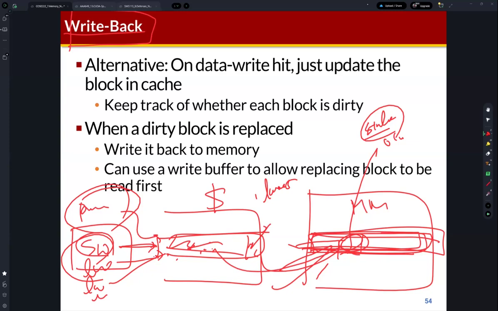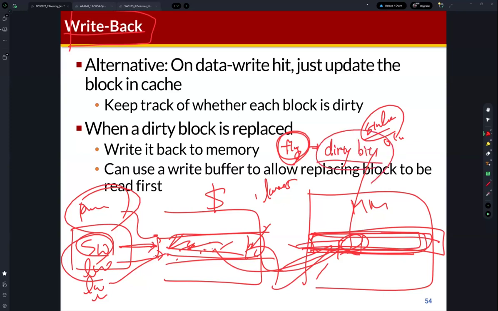If not, this block is just removed from the cache, right? So we need to check if the corresponding cache block is updated or not. So we require one more flag, okay? And this flag is called the dirty bit.